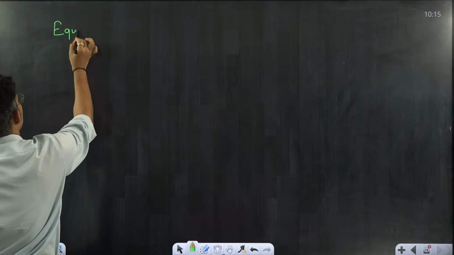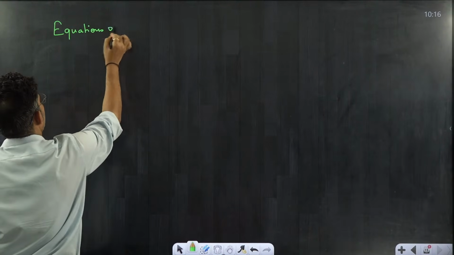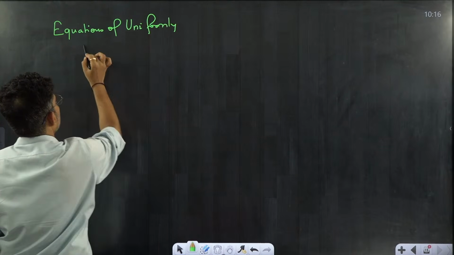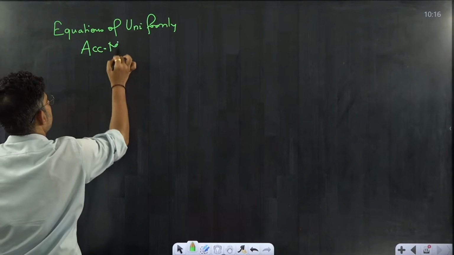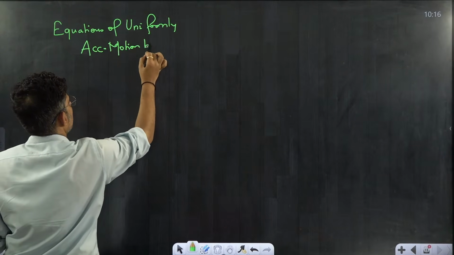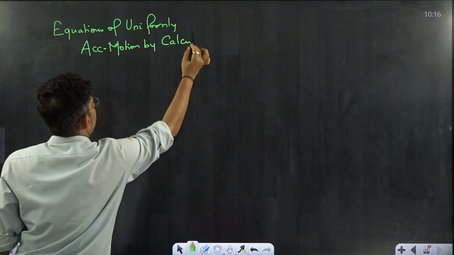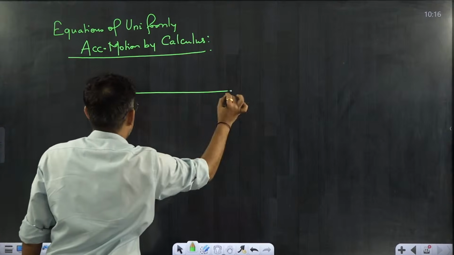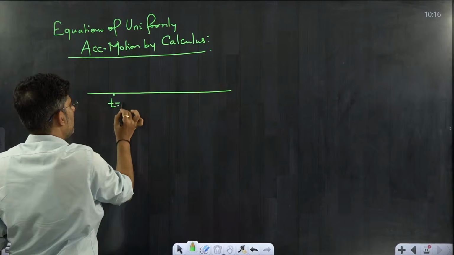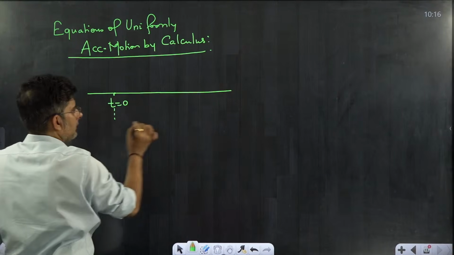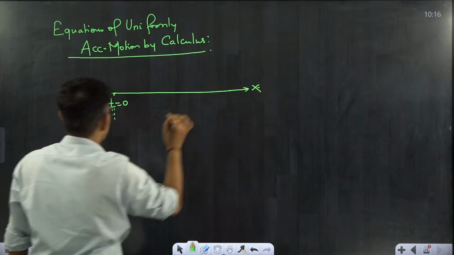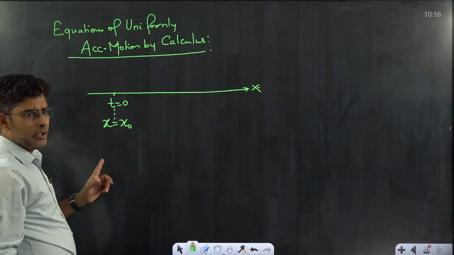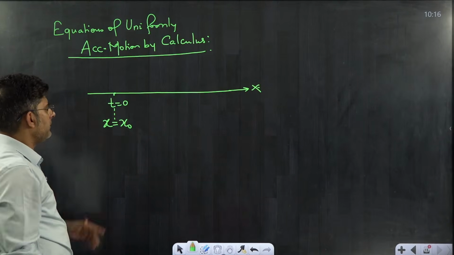So coming to equations of uniformly accelerated motion by calculus. Suppose we are considering t equals 0, a particle is moving along the x-axis and here it was at a position, I don't know what the position is, it can be the origin, wherever it can be.